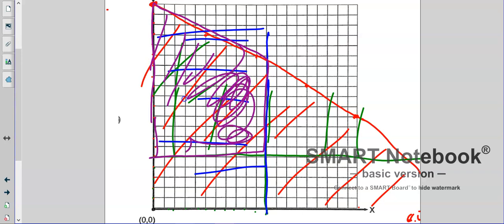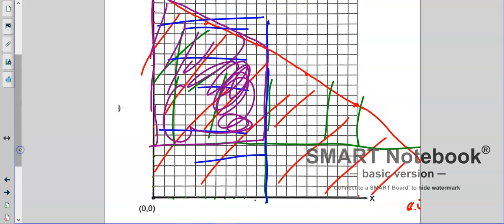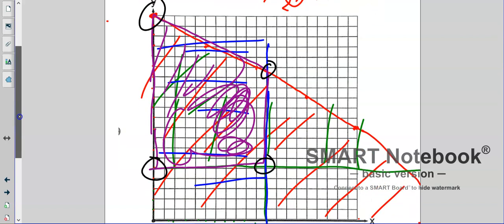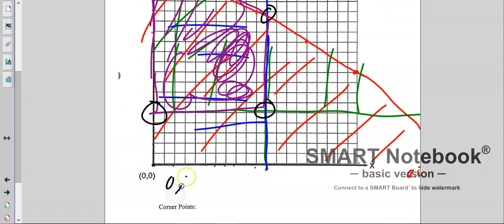All right. And now the corner points are going to be right here, right here, right here, it looks like, and right there. So remember, that was 0, 40, 2, 4, 6, 8, 10.